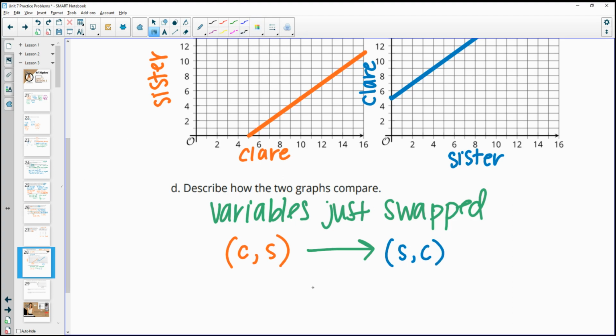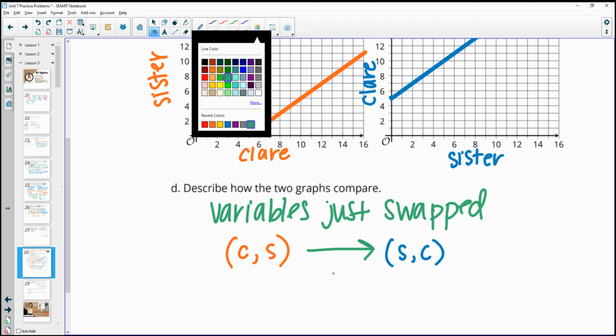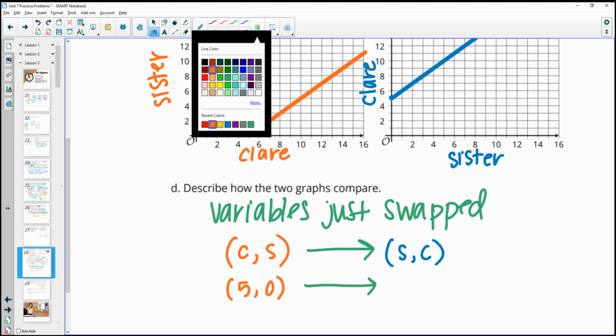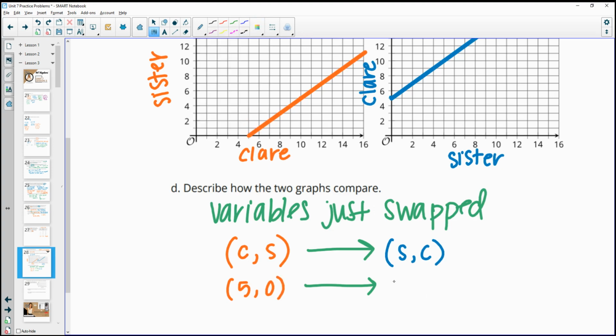So if we looked at a specific example, we could look at this first point here. Claire is 5, the sister is 0. Well, this is true in this one as well. The sister is 0. She's just our horizontal this time, and Claire is 5. So they just swapped places.